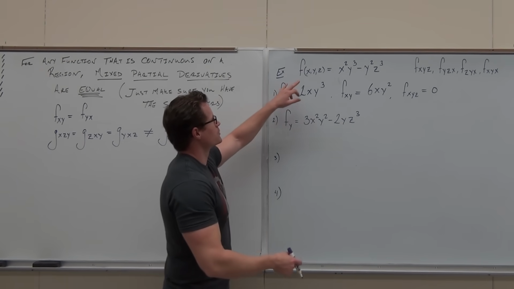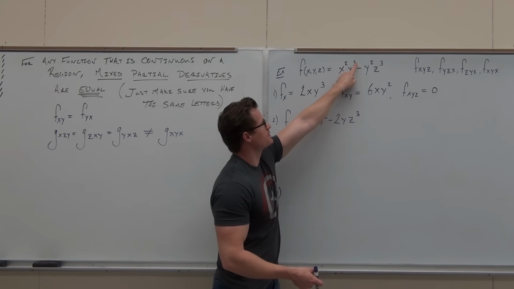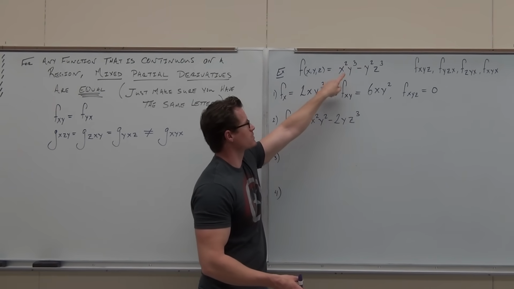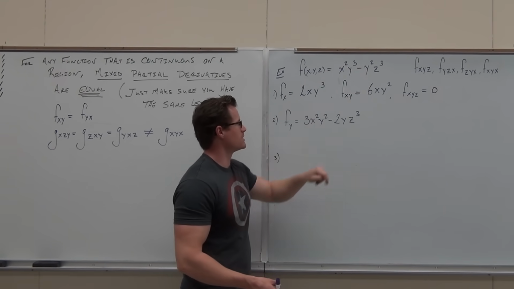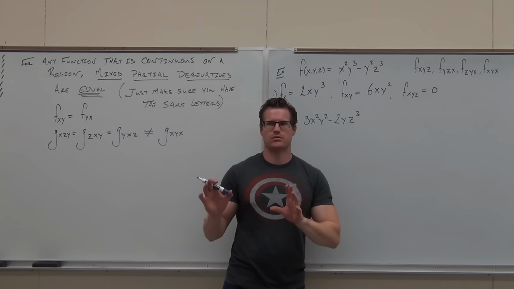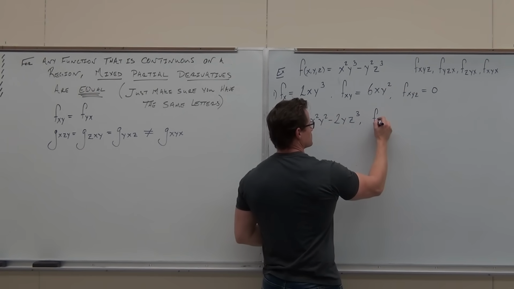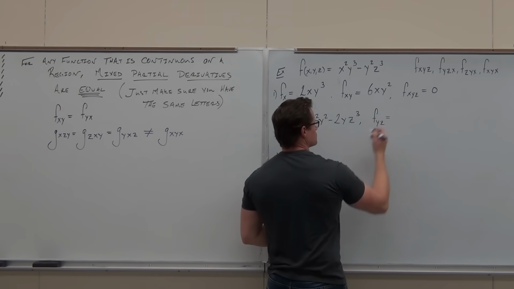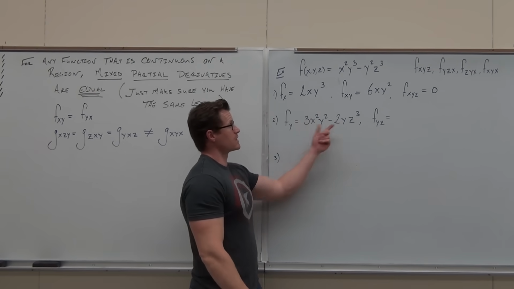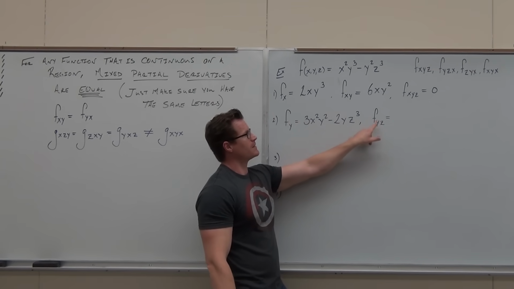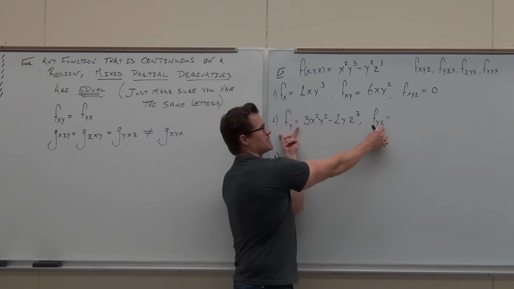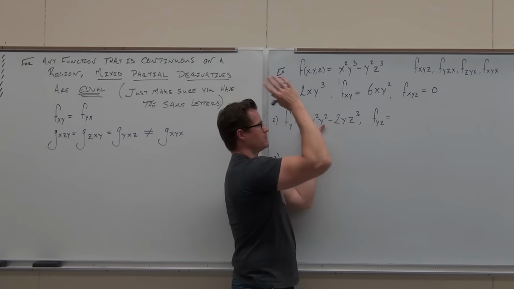Start over. Derivative of f with respect to y says y is our variable: 3x squared y squared minus 2y z cubed. With me, yes, no? Yes. Now it says, from where you just were, z is now your variable. This, gone.